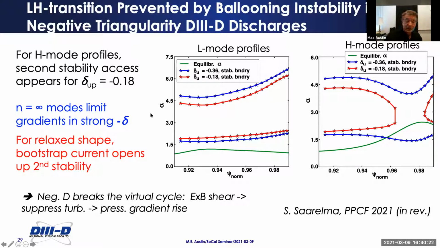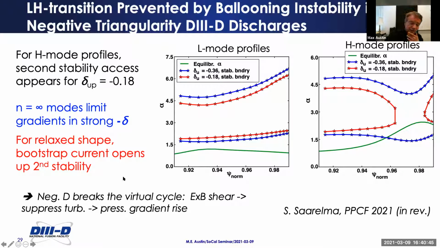This is a developing picture of what's going on here. For strong negative triangularity, these n=infinity modes limit gradients. But for the relaxed shape, the bootstrap current opens up this second stability.